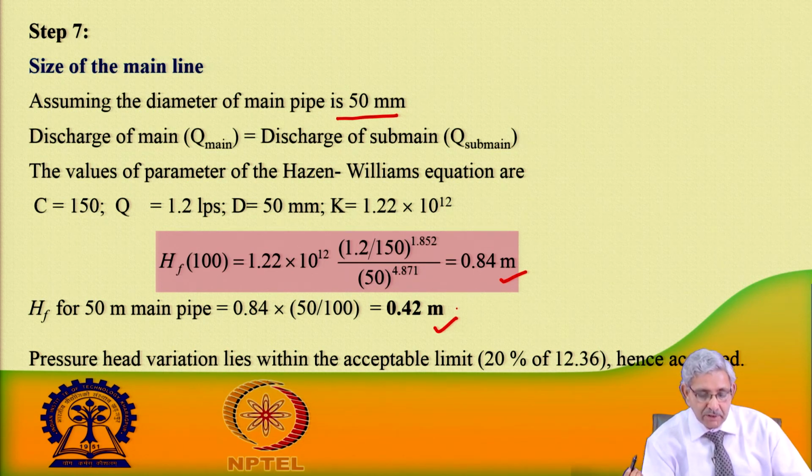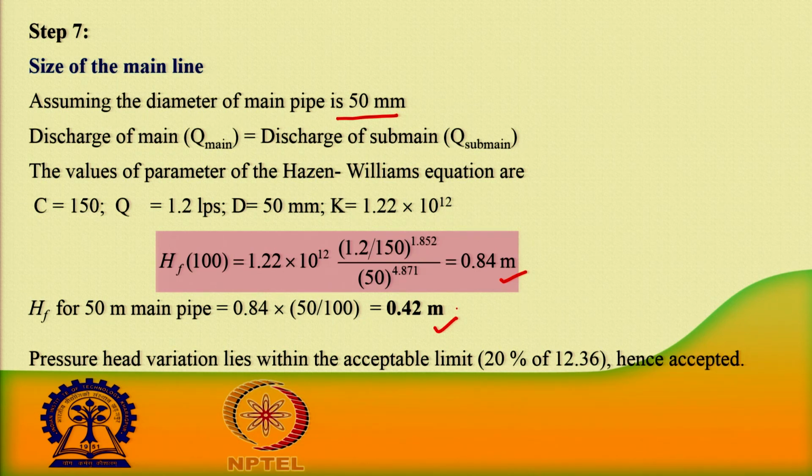So, pressure head variation lies within the 20% of 12.36. So, we accept this pipeline size: the 50 meter pipe of 50 millimeter diameter is giving a head loss due to friction of 0.42 meter.